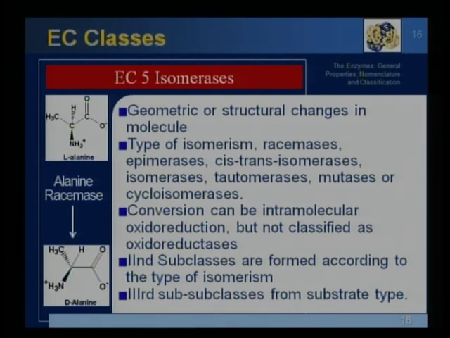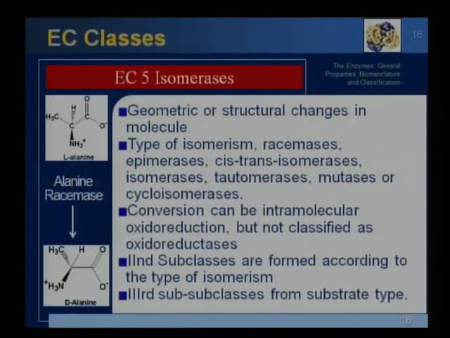Now, this conversion could be intramolecular also, and intramolecular oxidation reduction can also take place, but despite that, it is not classified as an oxidoreductase enzyme, because the overall net difference within the whole molecule is not significant to place the conversion distinctively into either oxidation or reduction. The third level of classification with isomerase type of enzyme is determined on the basis of the substrate which is used by the enzyme.